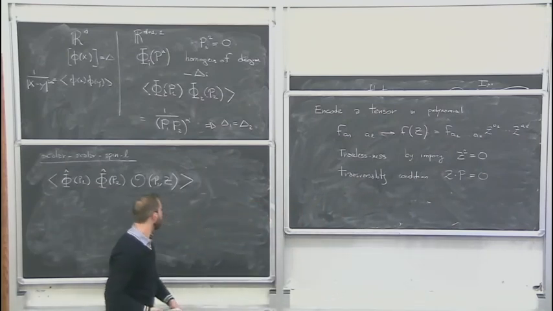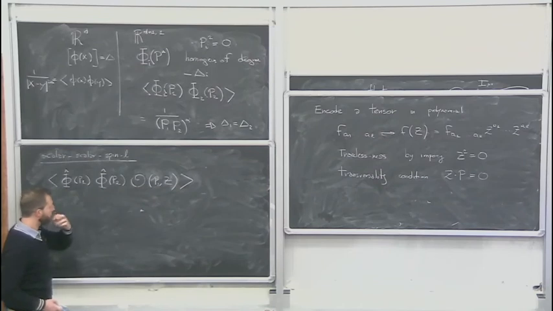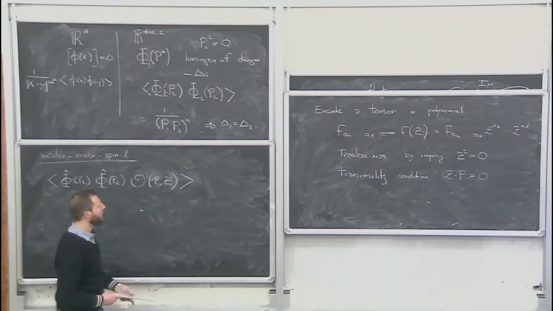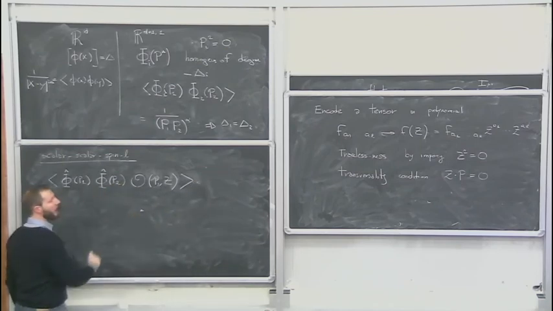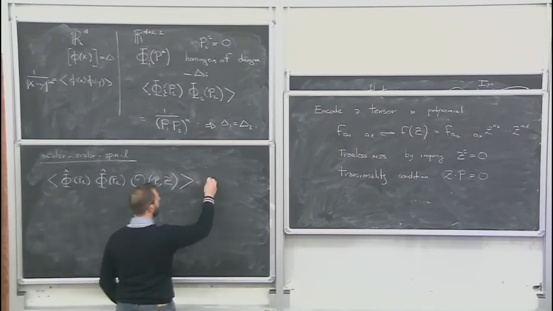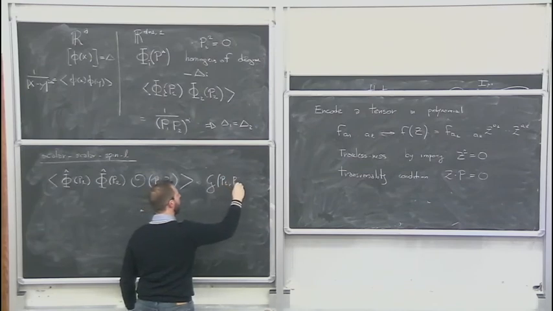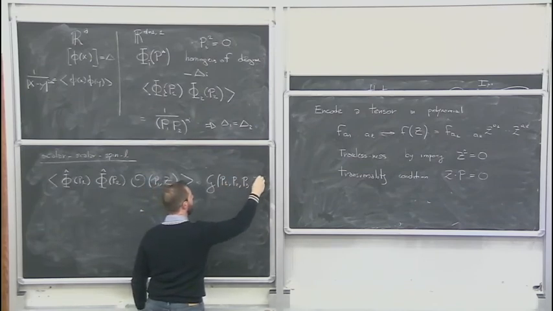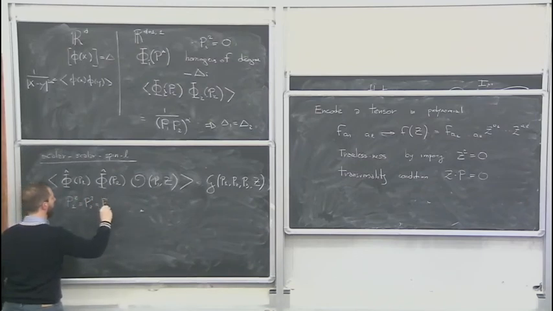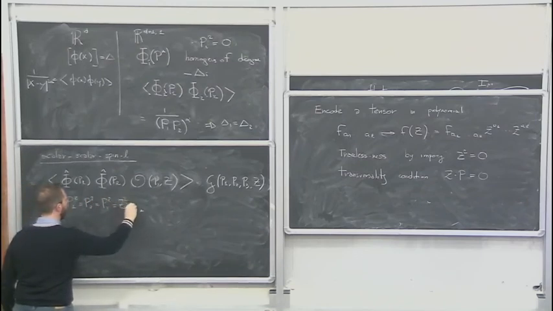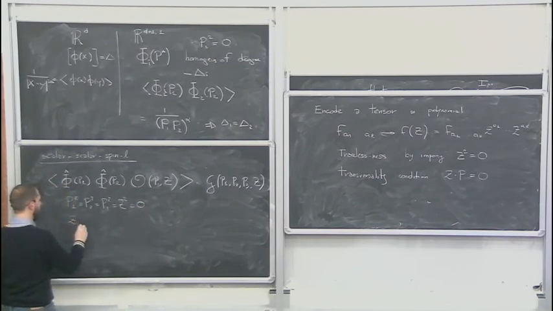And then I ask myself the same question as before: what is the most general form of the correlation function that I can construct using the three points and the polarization now? This object will be a function g of P1, P2, P3, and Z. And the conditions are that P1 square equal P2 square equal P3 square equal Z square equal to 0, and Z dot P3 equal to 0.